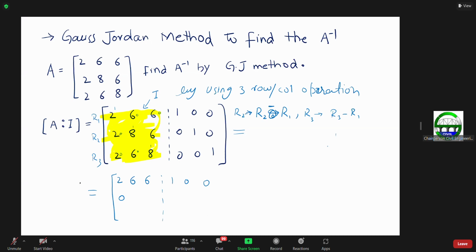Okay, we have to put this operation: R2 is equal to R2 minus R1.